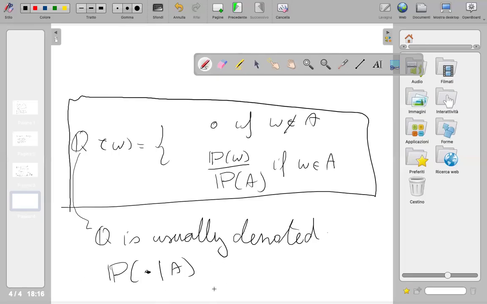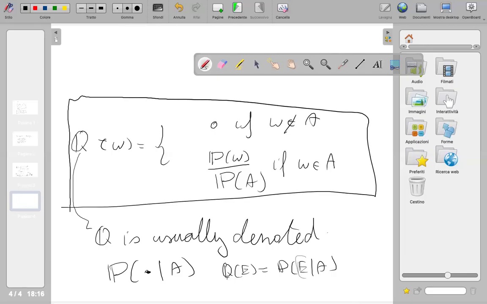If I have E, the probability Q of E is equal to the probability of E given A. But this A is a parameter, simply to remember that we are conditioning on A. If we fix A and we vary E, this is a probability.